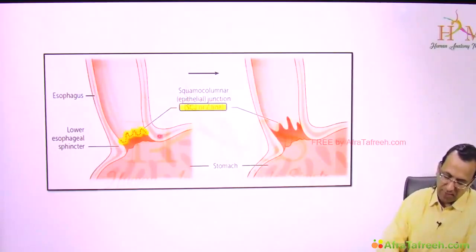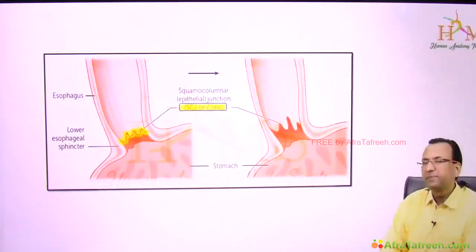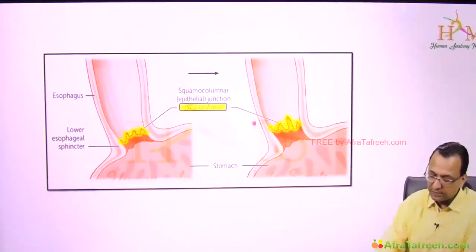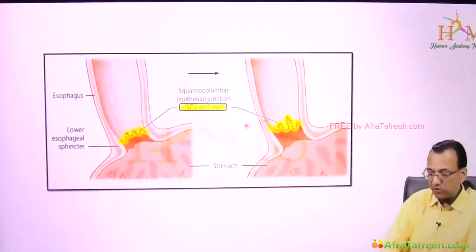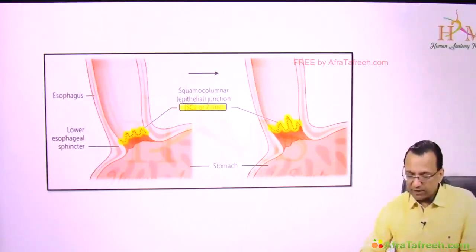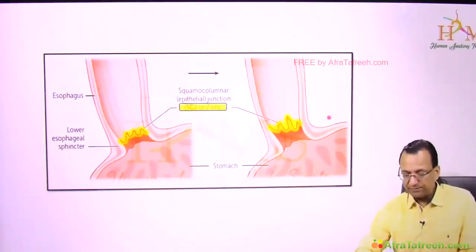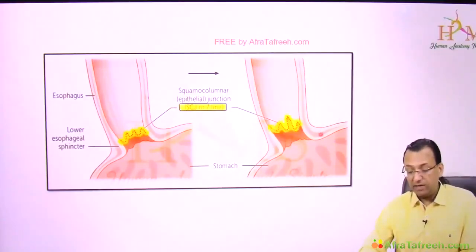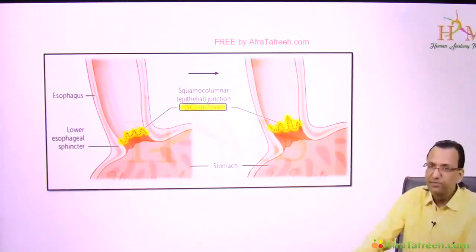But in this patient it became 5 centimeter above the gastroesophageal junction, meaning it is going more proximal, and when it goes more proximal there is a danger that this area will develop cancer. You should make sure that this line does not ascend up. It will be dangerous for the patient.